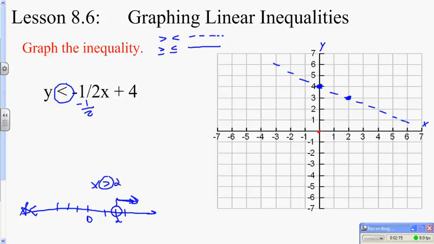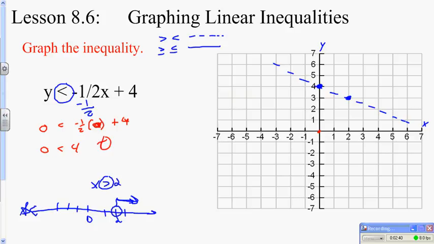Here's the point 0, 0. If I plug 0 in for y and 0 in for x, do I get a true statement? I get 0 is less than, negative 1/2 times 0 is 0, and I'm left with 4. Is 0 less than 4?